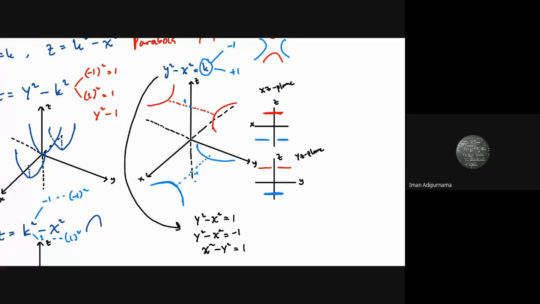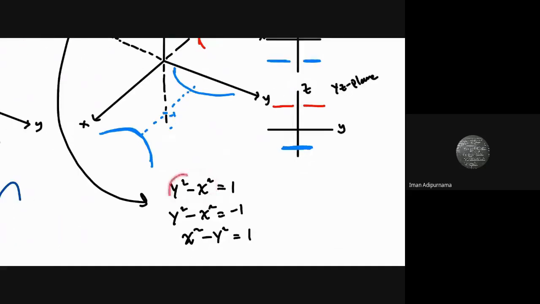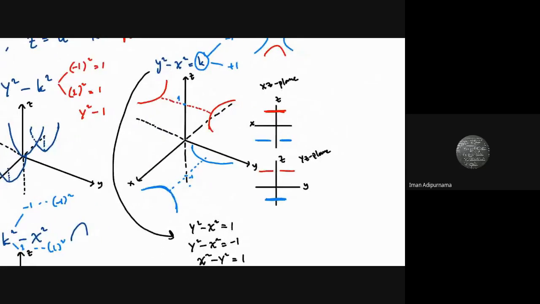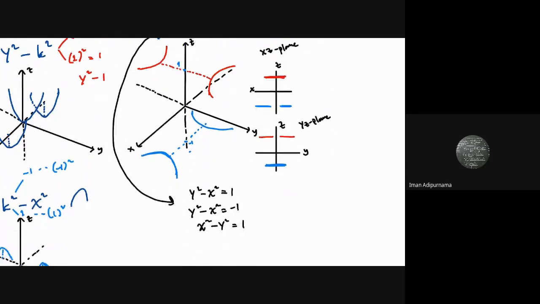And when you have y squared minus x squared, because y is positive, then your hyperbola is this. And because your x is positive, then this. So the hyperbola will be crossing the x-axis. That's the difference.